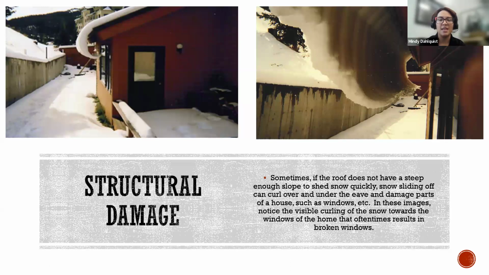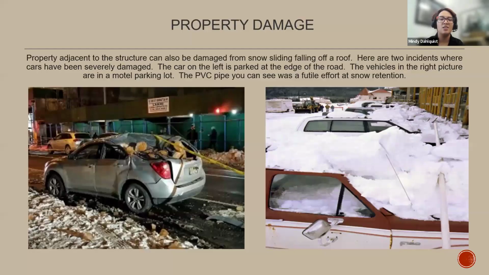The eave of your home is going to be the coldest part of your roof. So that edge of your roof is going to be much colder, so things are beginning to refreeze or have already frozen. And so it's going to be very heavy and frozen there. Gravity's still pulling it down. It continues to curl underneath and can oftentimes result in broken windows. This is very common for us to see and just something that's pretty avoidable.